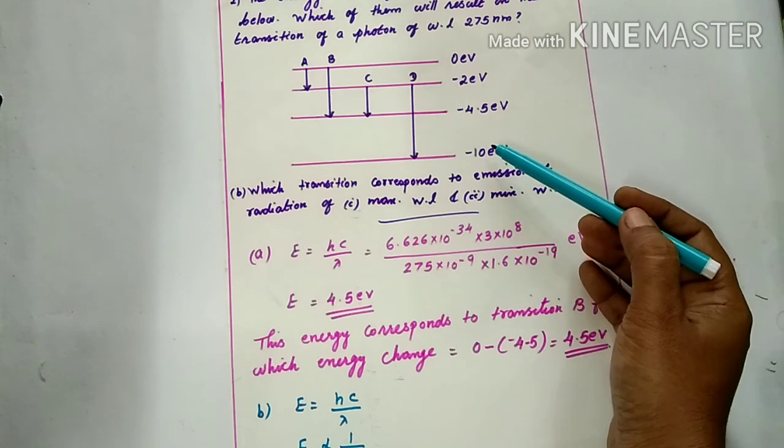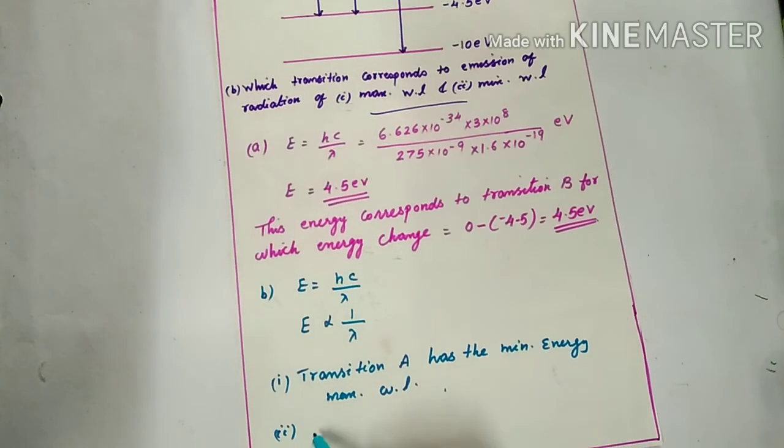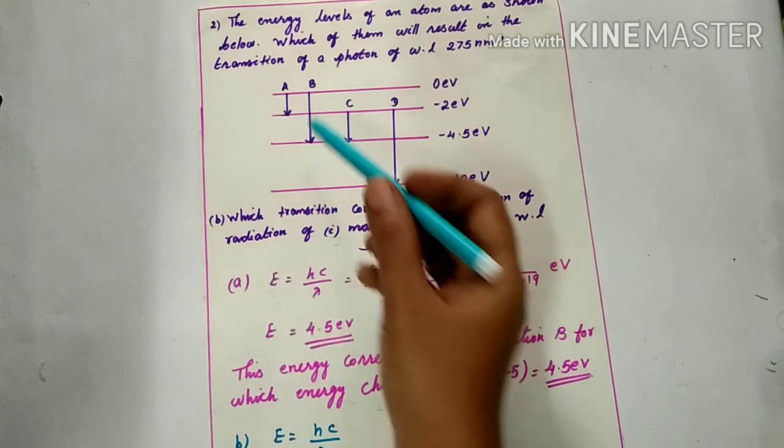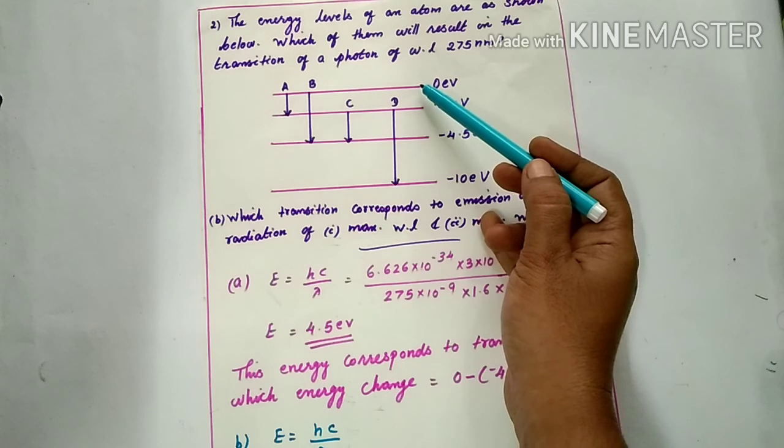So you will get that transition D has the maximum energy, so it has the minimum wavelength.